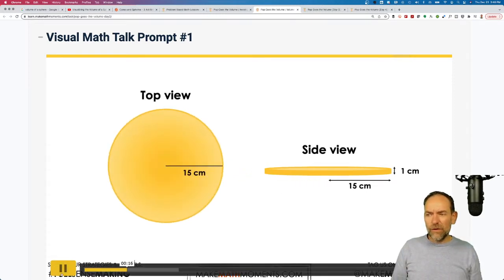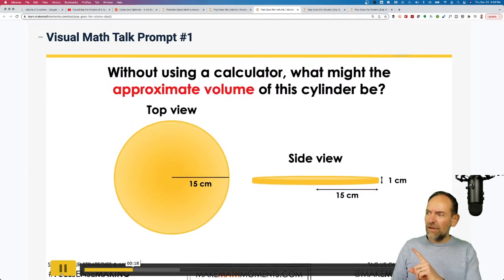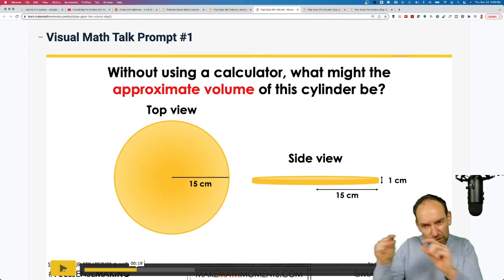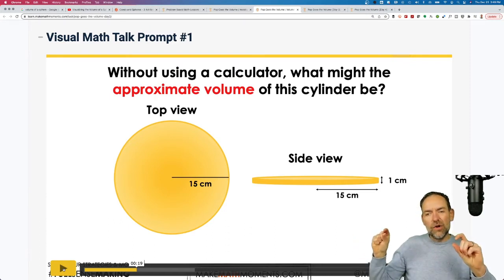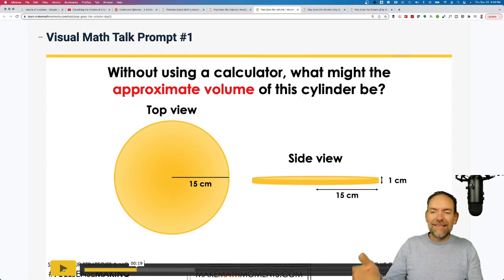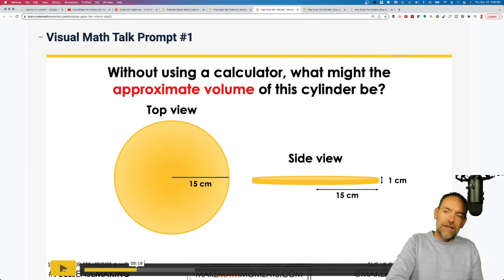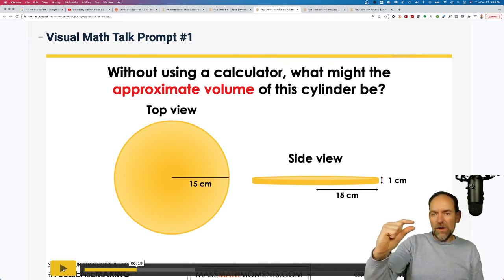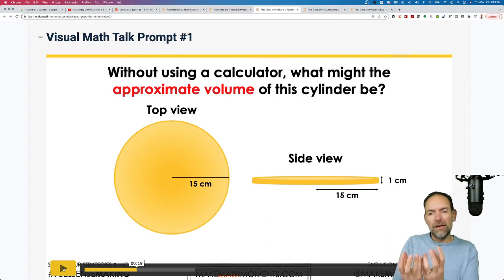So when we give them the top view and the side view of a very short cylinder, we've done this intentionally. We basically want them to see that first layer is going to be the same quantity as the area, but in cubic units. So instead of square units, we're now bumping it up by one unit. So we get a cubic unit for that first layer.